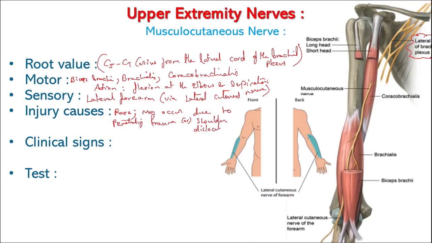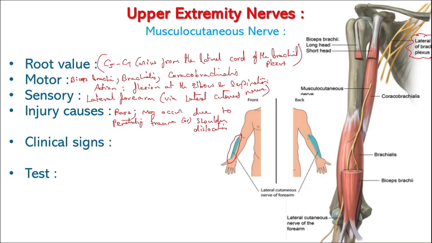You can see this image, where you feel the innervation of the lateral cutaneous nerve of the forearm. This is a branch of the musculocutaneous nerve, and any injury because of penetrating trauma or shoulder dislocation can cause musculocutaneous nerve injury.